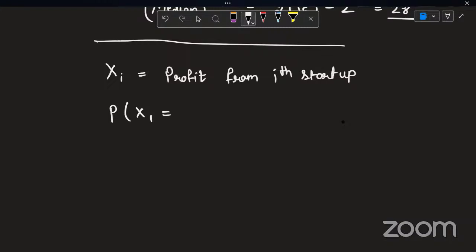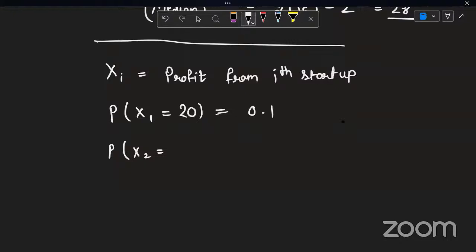Yes, ma'am. So when X1 is taking 20, there is a profit in startup 1. What probability is given there? It is 0.1. Similarly, what is the probability for X2? X2 will be the profit from the second startup.